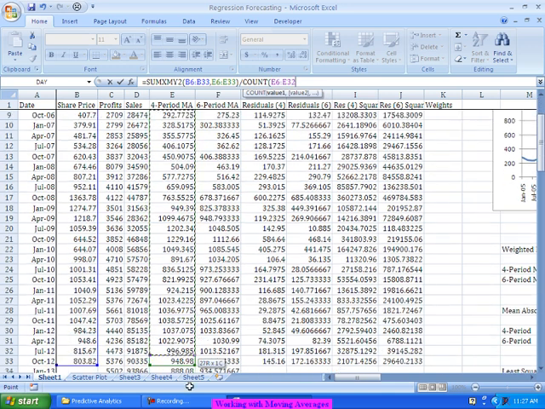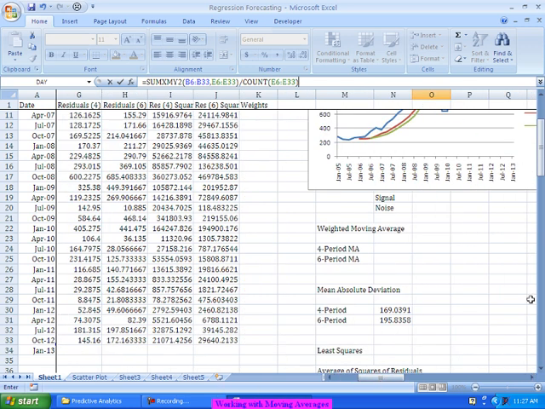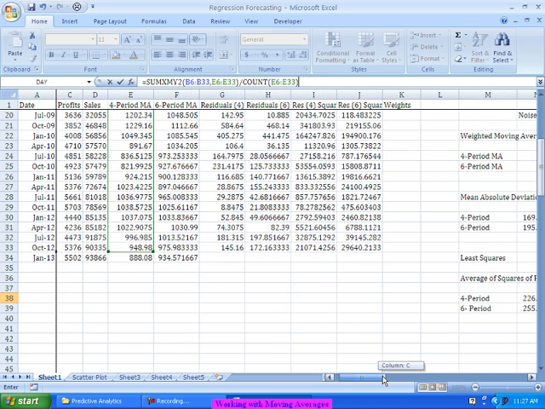How many values have we included? That gives me the average of the squares of the residuals.